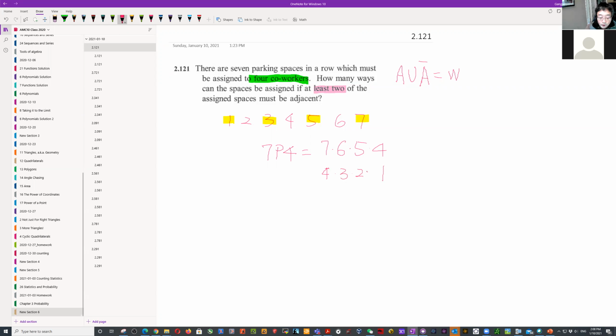So if you use permutation, that's the way it could be arranged. So this minus that, and you will get the answer. I'm going to save time and not work it out by hand.